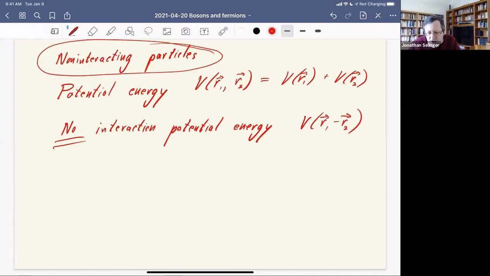As a matter of terminology, people use the word non-interacting particles to describe a situation where there's no interaction potential energy, and so there's no interaction force that comes from the potential energy. But still, the particles do have some effect on each other. So what do we call that? How will I express that as a sentence?